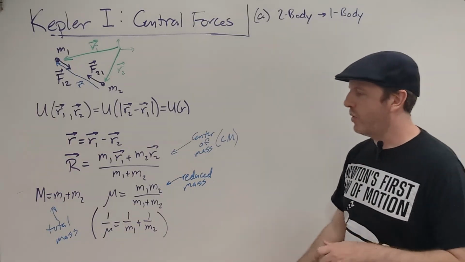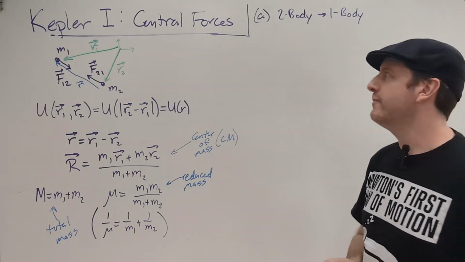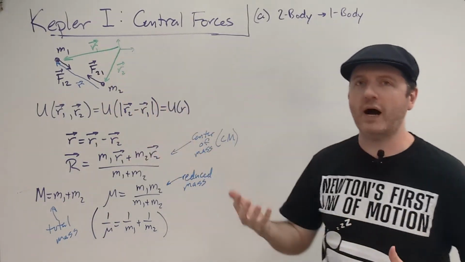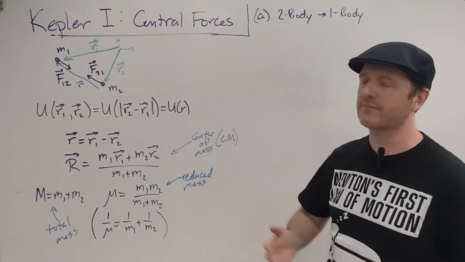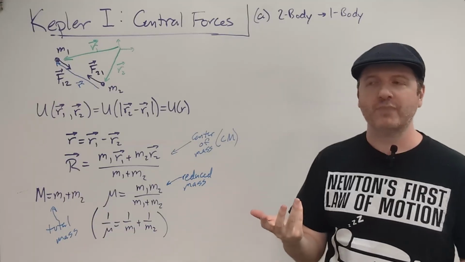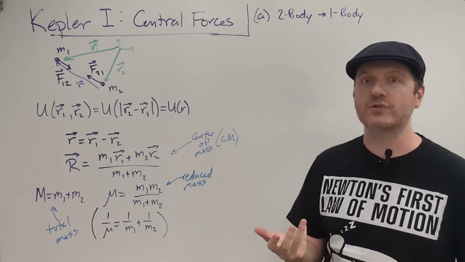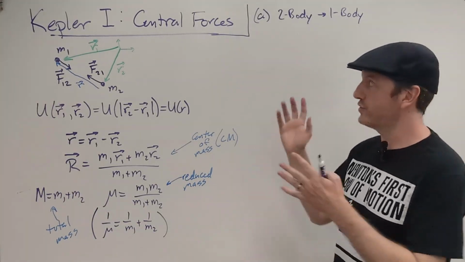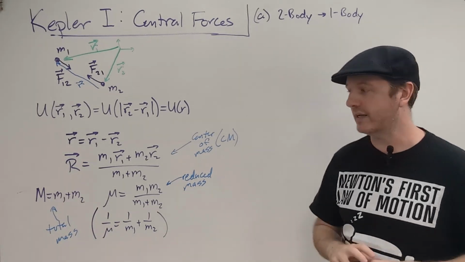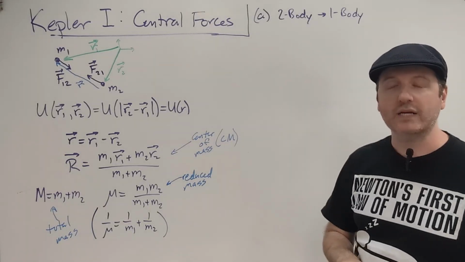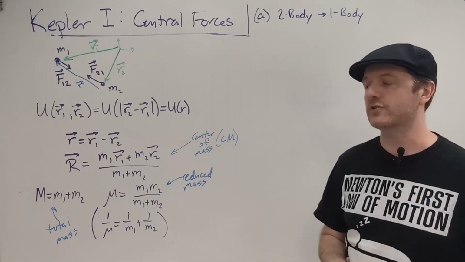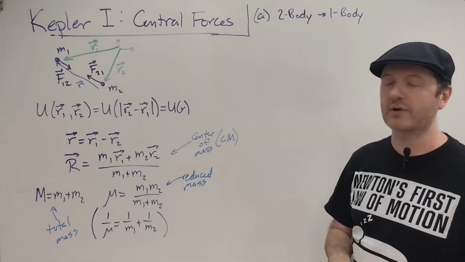Okay, so what do we want to do? There's a few things we want to do now. First off, I want to show that this generic sort of two-body interaction, I've got two objects, can be reduced to a single effective object, and that's going to make my analysis way easier. So the two-body problem is completely solvable in Newtonian mechanics, because I can reduce a two-body problem, at least if it's a central force problem, down to an effective single-body problem.